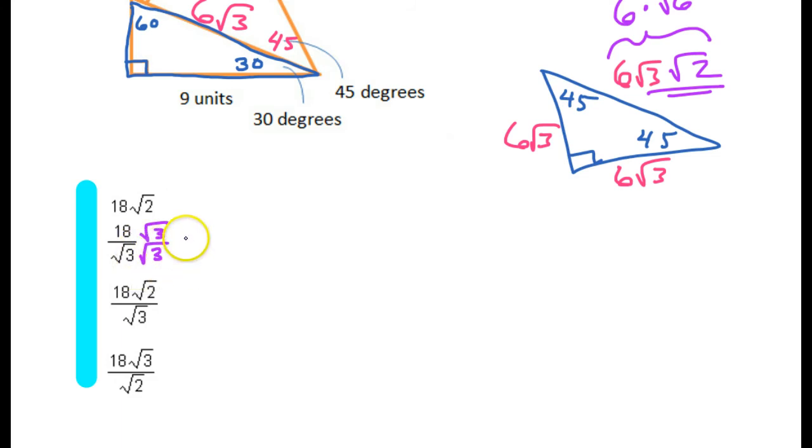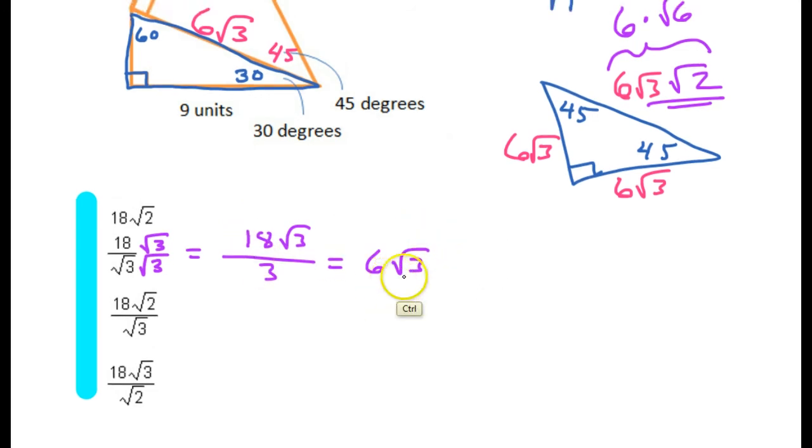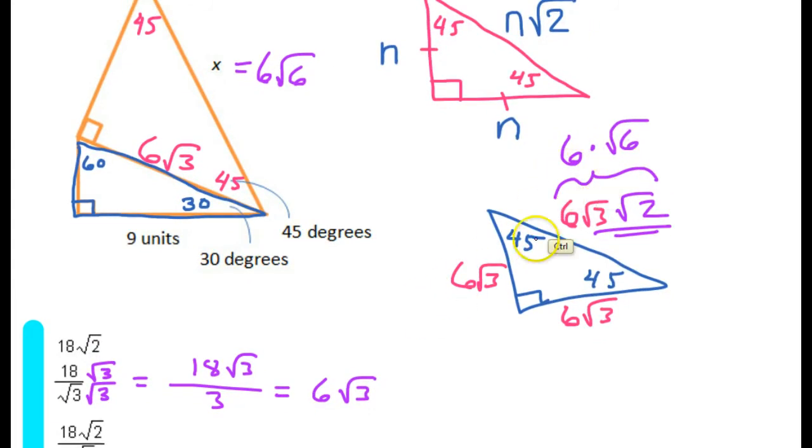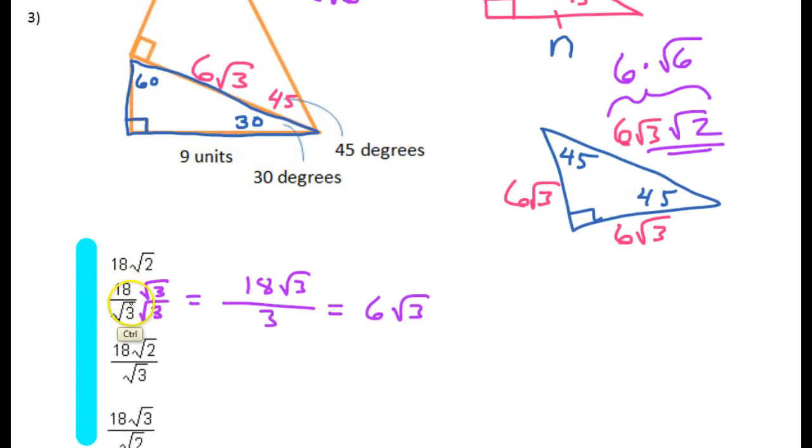If I do that right now, this is going to make 18 radical 3 over 3, which is 6 radical 3, because 3 goes into 18. We wanted the answer to be 6 radical 6. So this is close, but this is not the answer.